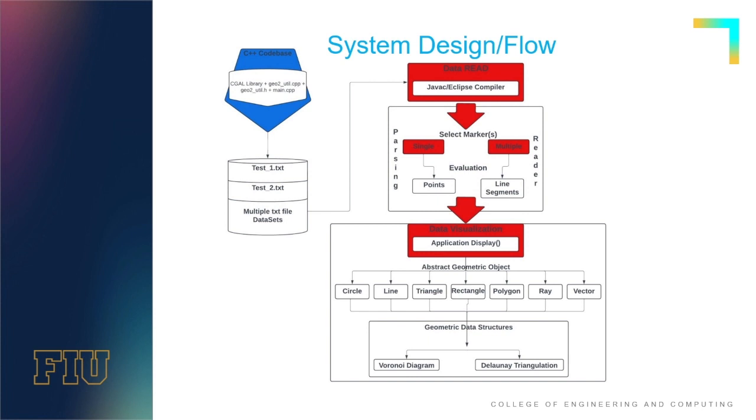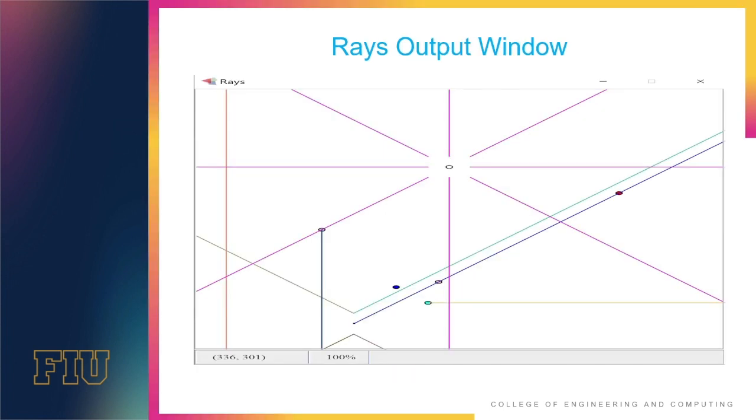And then we see the data reading as well by whatever type of compiler you have, the parsing, either single points or multiple points, or either single line segments or multiple line segments, which then extend themselves and scale themselves in scalability in data visualization to be geometric objects such as circle, triangle, rectangle, polygon, and then later on, all those become the more complex in scale Voronoi diagrams and Delaunay triangulation data structures.